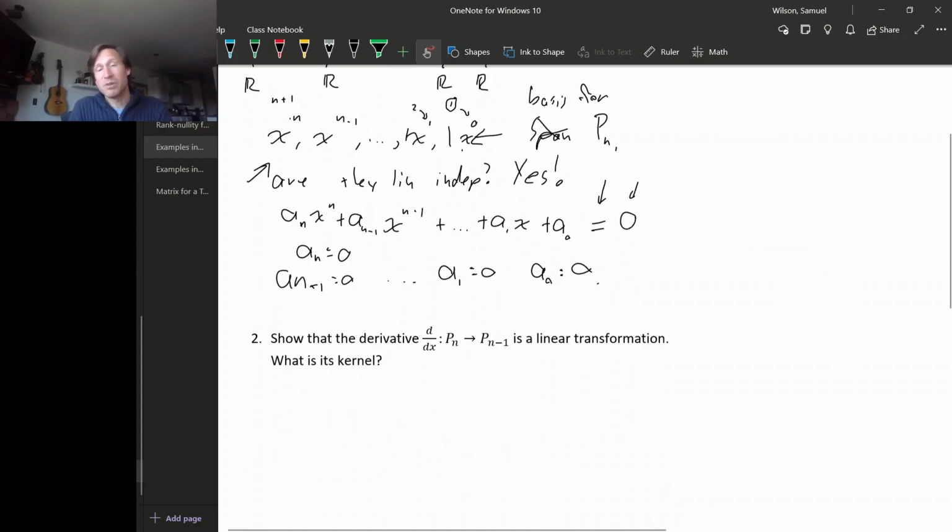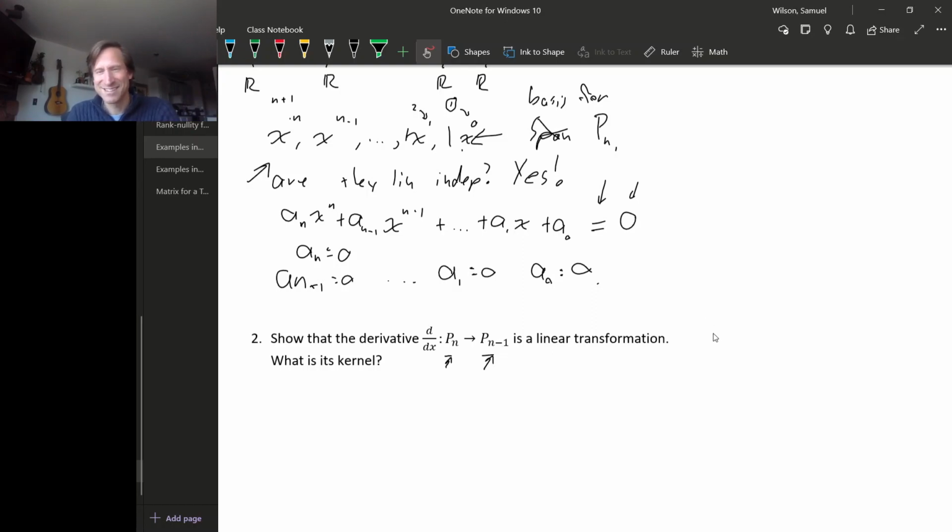Let's look at an example of a linear transformation. Let's show that the derivative is a linear transformation from P sub n to P sub n minus 1. To check if this is a linear transformation, first we need to check if you take the derivative of a polynomial of degree less than or equal to n, do you get a polynomial of degree less than or equal to n minus 1?